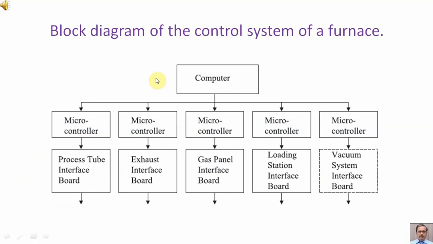Here we can see that the computer is connected to various microcontrollers, and each microcontroller in turn is connected to the process tube interface board, exhaust interface board, gas panel interface board, loading station interface board, and vacuum system interface board.